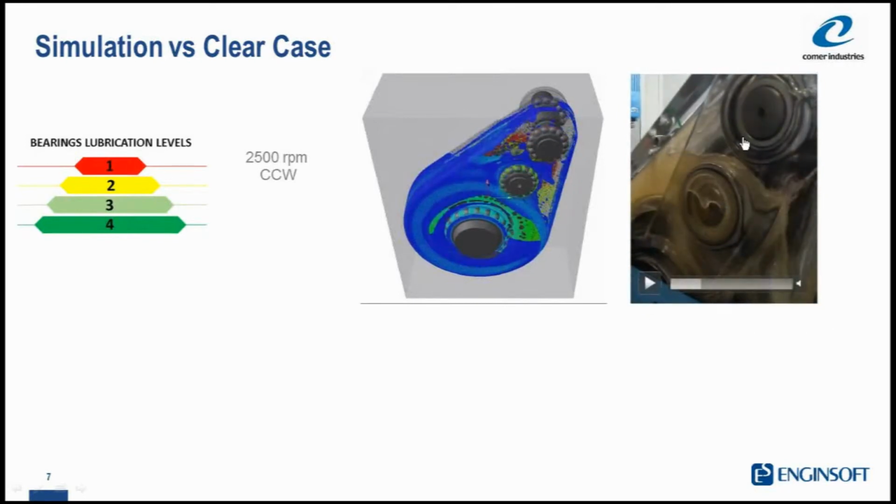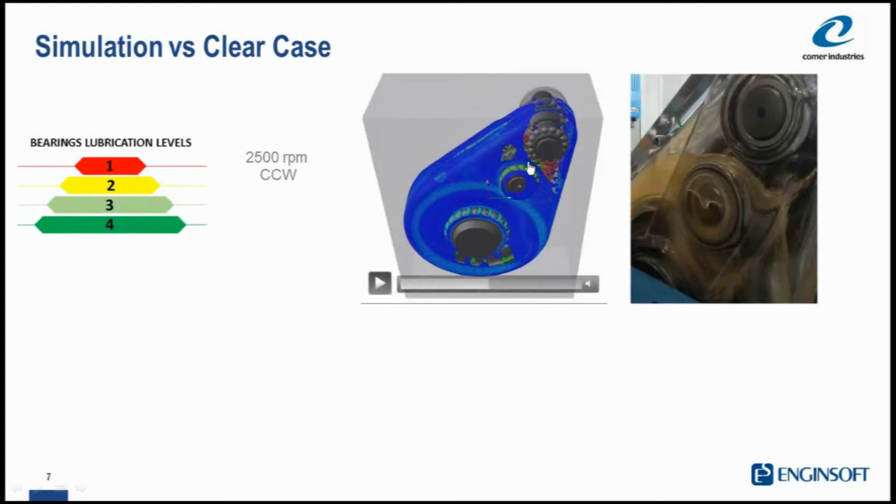In particular, in this zoom, we see a very clear difference between the lubrication of the middle bearings compared to the one on the top. And we can see the relationship between the experimental observation and the simulated gearbox.